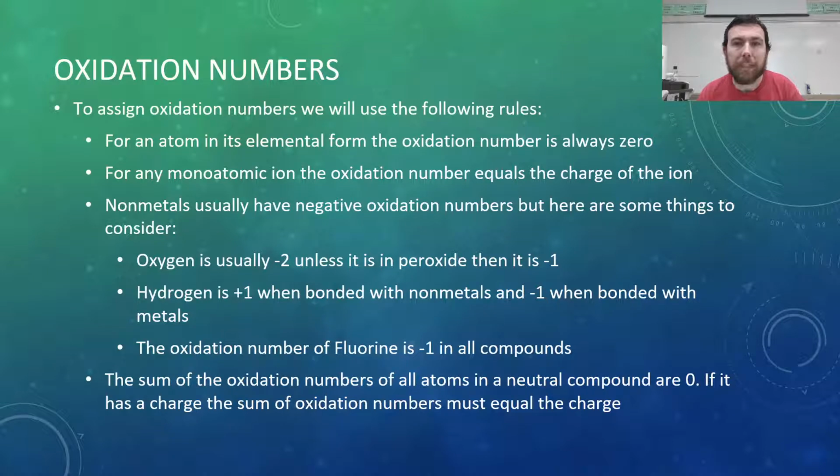Some things that you need to consider as rules that need to be ingrained into your brain for nonmetals. First, oxygen is always -2 unless it's in a peroxide or if it's bonded to fluorine, right? So oxygen's always -2 unless it's in a peroxide. Then it's going to have a -1 oxidation state. Or if it's paired with fluorine, then it's going to have a +2 oxidation state.